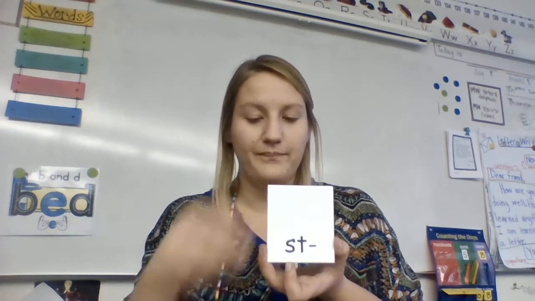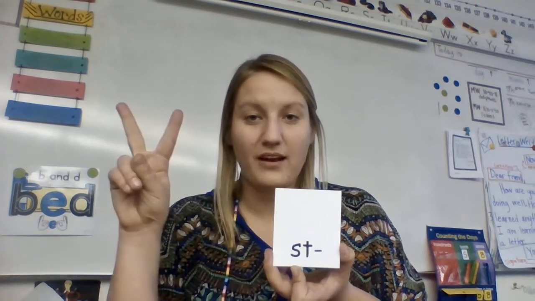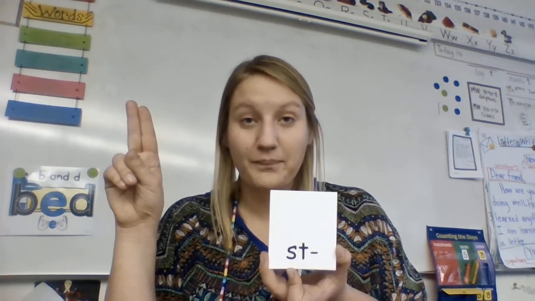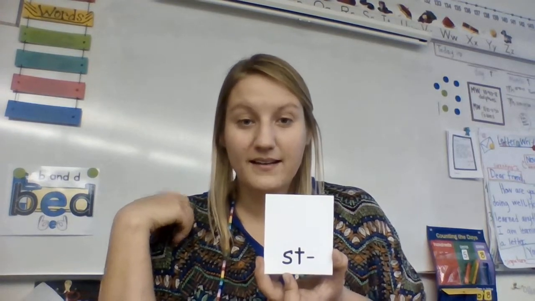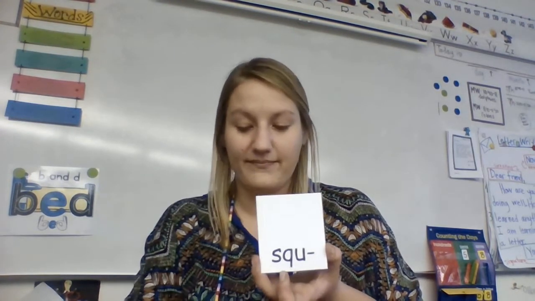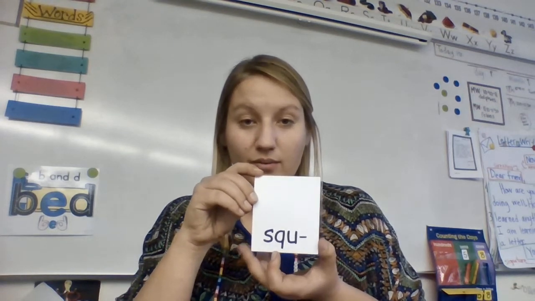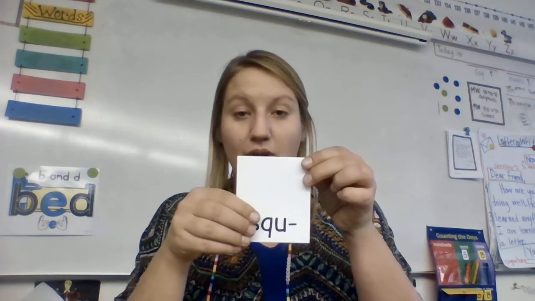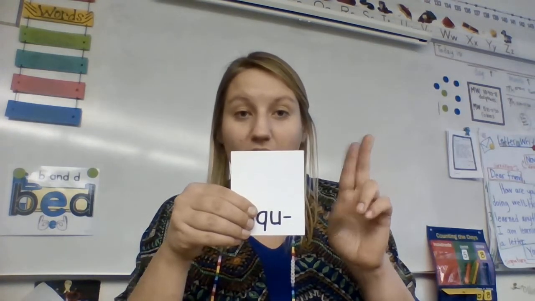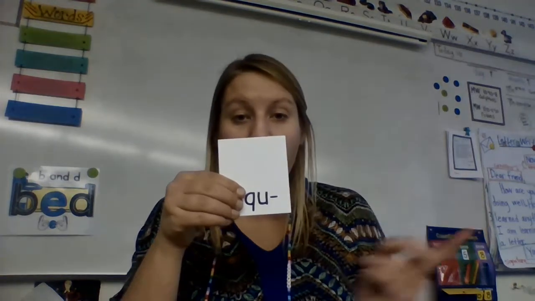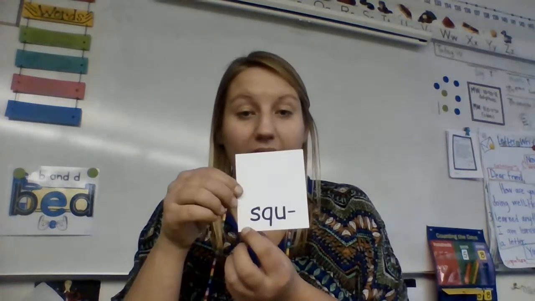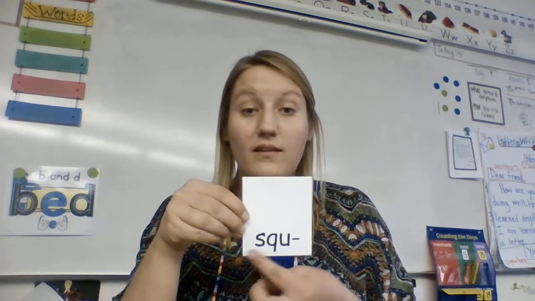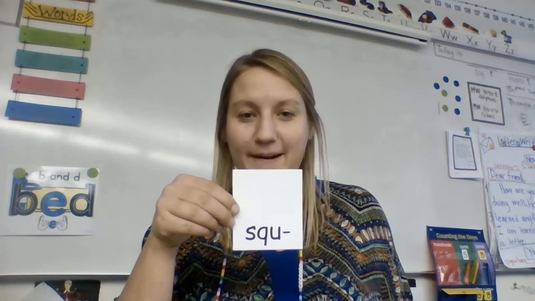Good. Here we have 2 letters, 1 team. ST says st. Your turn. St. SQU says squa. Now, my friends, let's look at the part that we do know. The QU, always together, says qua. And in front of it, we put an S. So we have squa. Your turn. Squa. Good job.